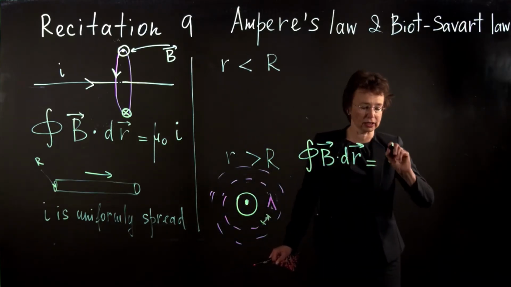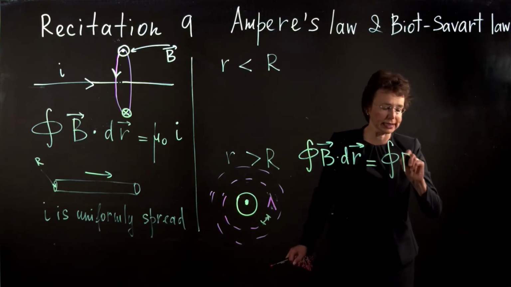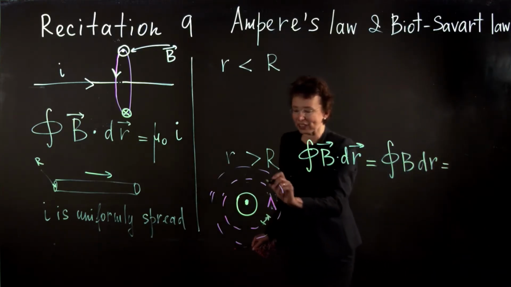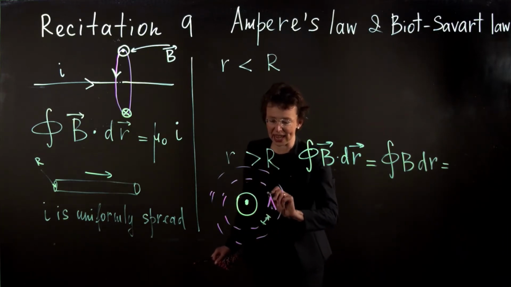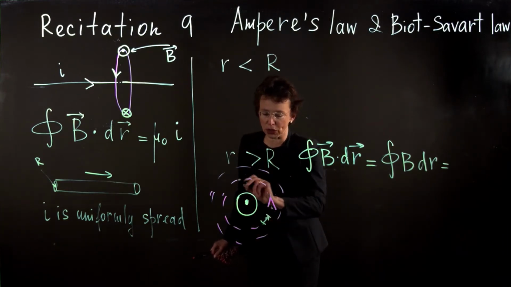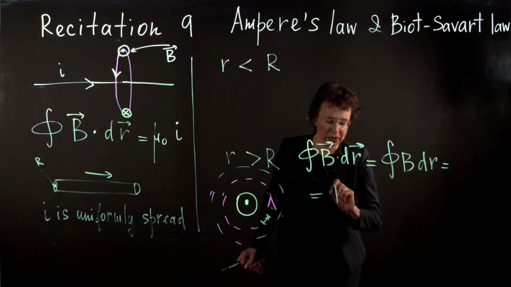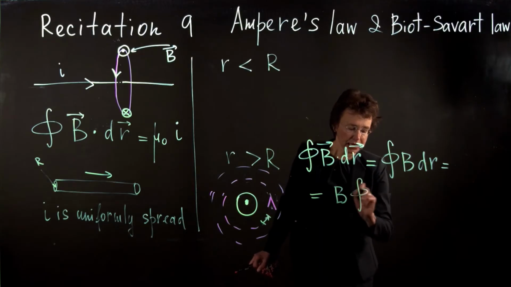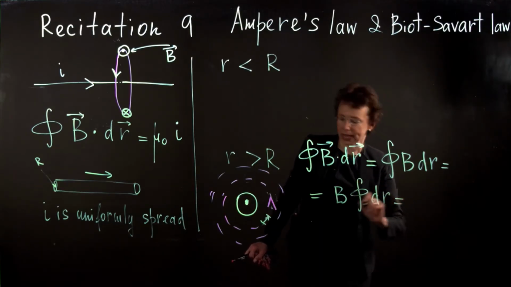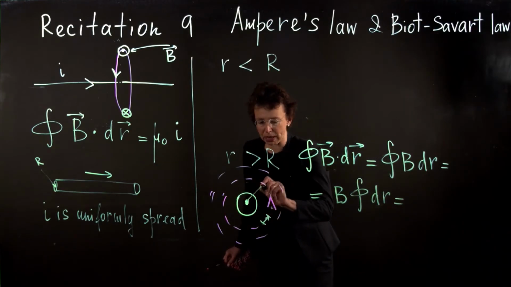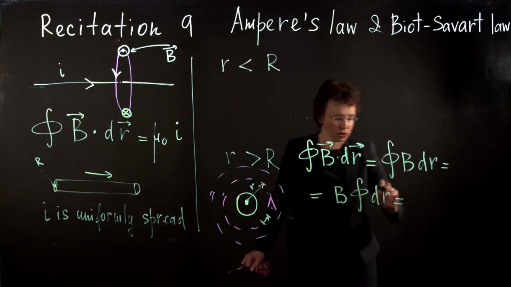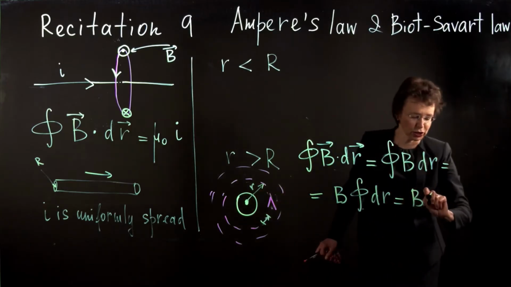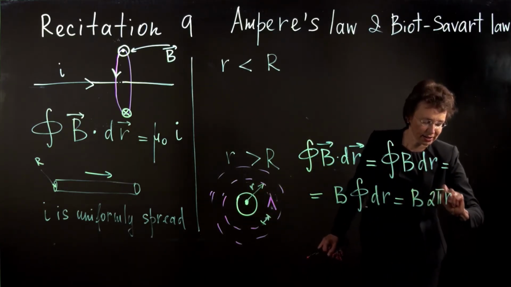So this dot product is simply the product B times dr. Magnetic field is the same at each point of this loop from symmetry, so we can take B out of this integral. Integral dr is the circumference. This is my arbitrary r. So I put B, and the circumference is 2 pi r.